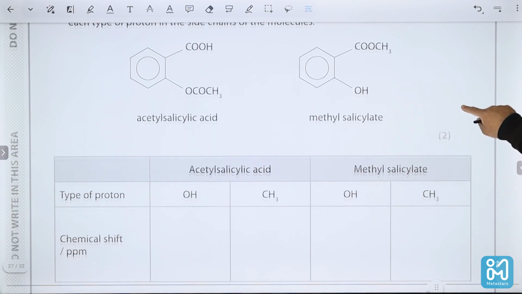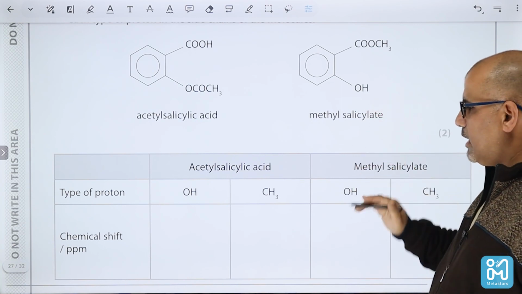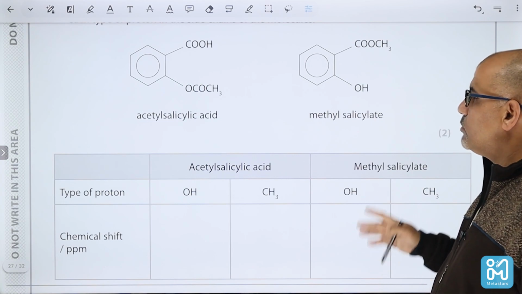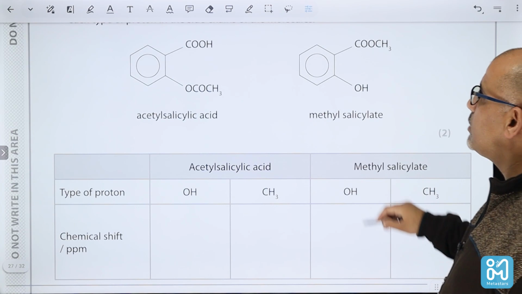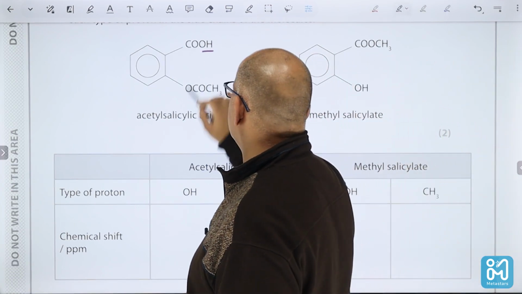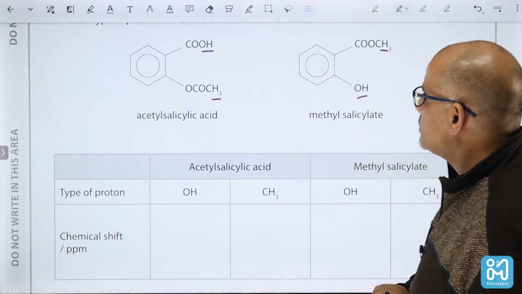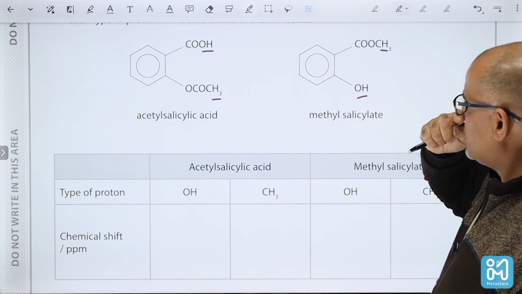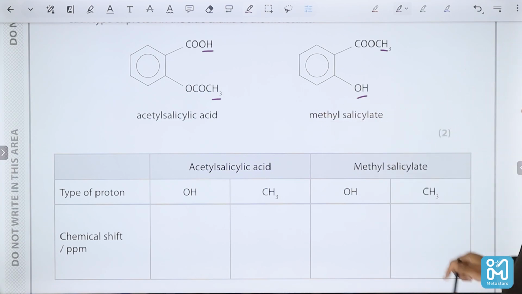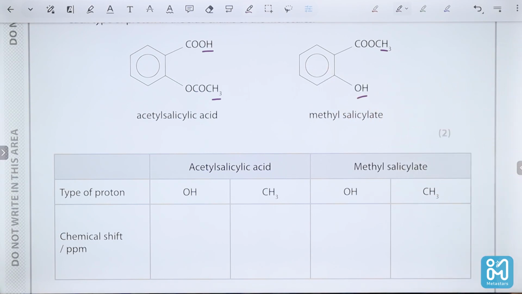Okay, if you return back, he's asking about the chemical shifts of each OH in each part, and if you return back to the data booklet, you will find these values only. So he's asking you about this one, and this one, and this one, and this one, because this is for the ester one, this is for the anhydride one, this is for the carboxyl one, and this is for the alcohol one.